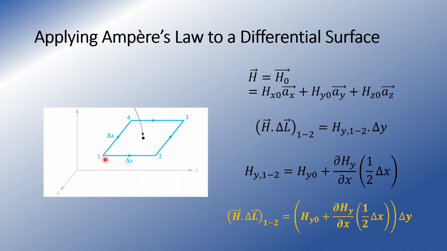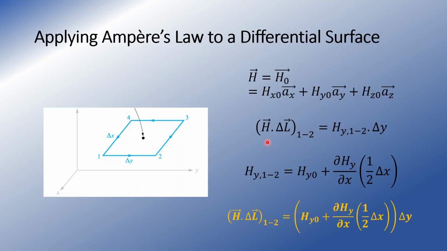Now first let us see how to do this H dot dl for side 1 to 2, that is, for the path 1 to 2. Then let us do it for path 2 to 3, then 3 to 4 and 4 to 1, and add them together, which gives us the closed integral of H dot dl, which is nothing but the current enclosed in that particular path.